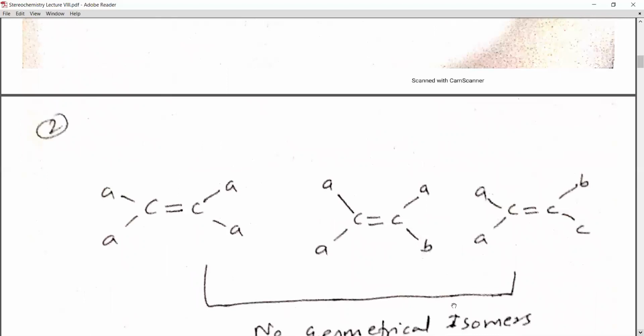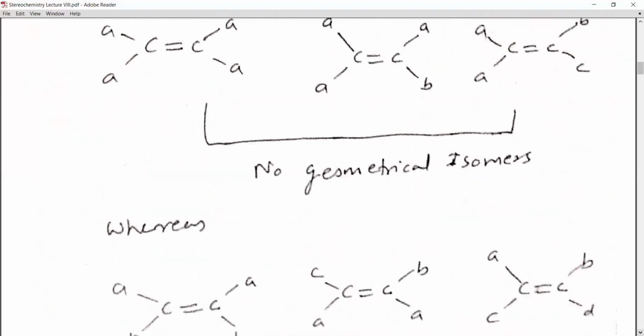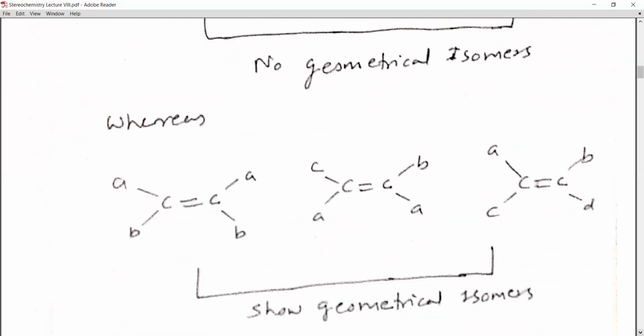See here, on this carbon-carbon double bond, all the substituents are equal. Here on the carbon, 3 substituents are equal. In this carbon, 2 substituents are equal. So they will not have geometrical isomers.